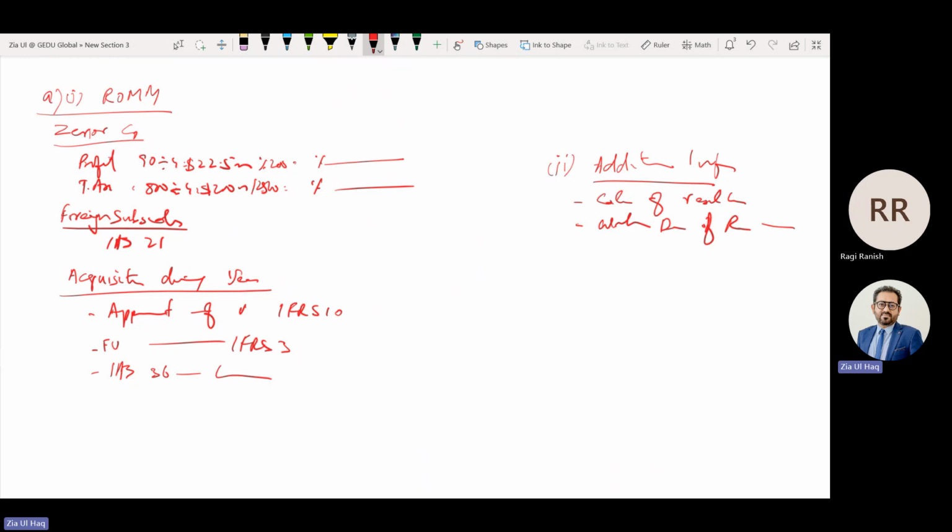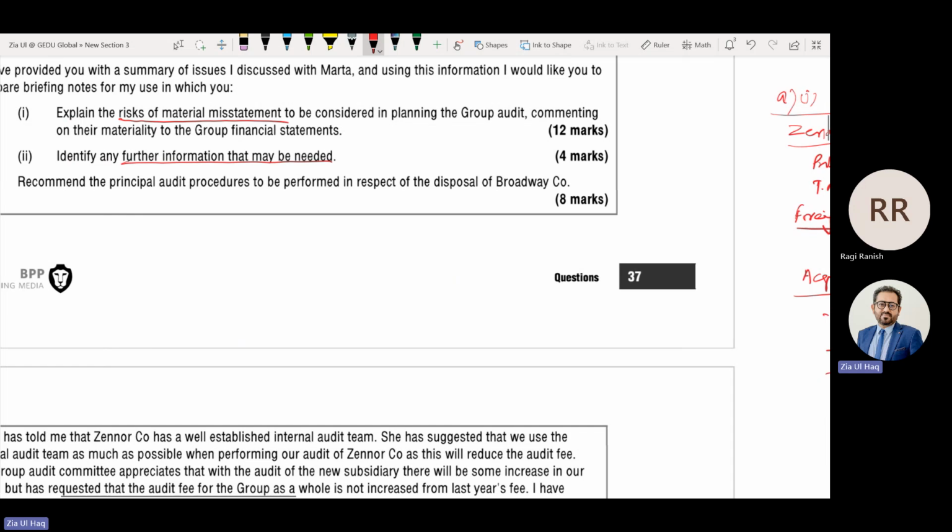And for fair value, due diligence report, through which we will be able to identify fair value of assets acquired. Regarding impairment, impairment review copy that is performed by company management. So we have stated 4 additional information. Let's move forward.